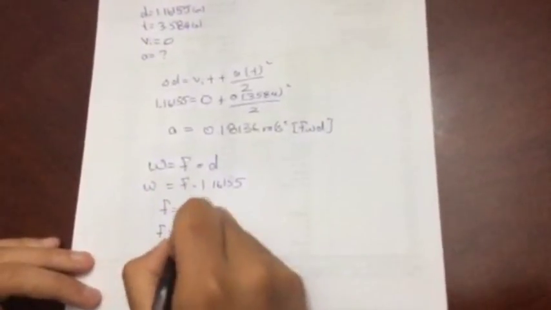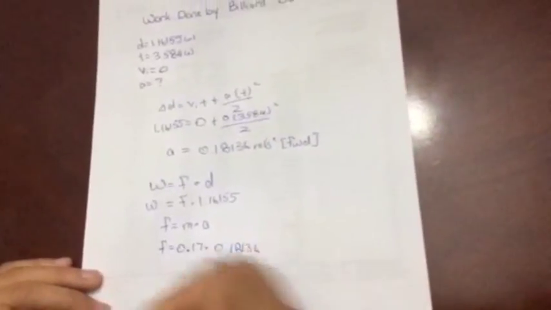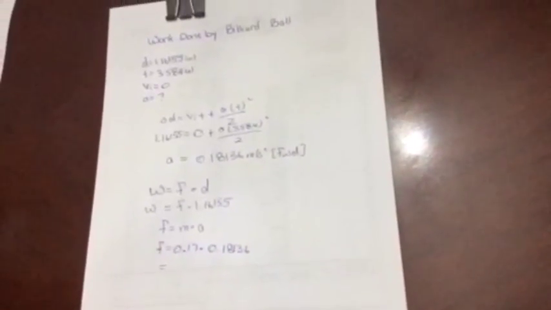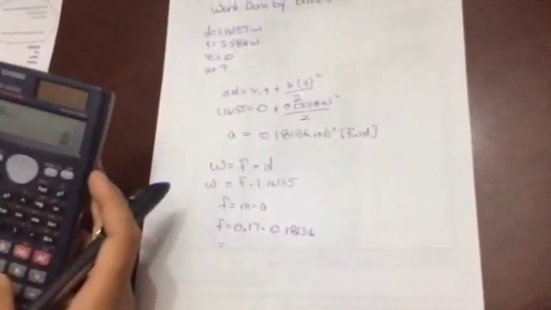So force equals 0.17 times 0.18136, which equals 0.0308. So I multiply that with my displacement, and I would get total work equals 0.036 joules.